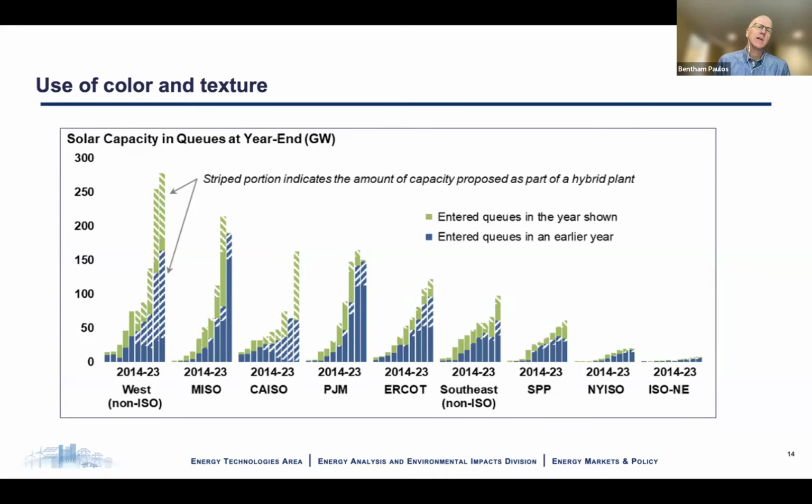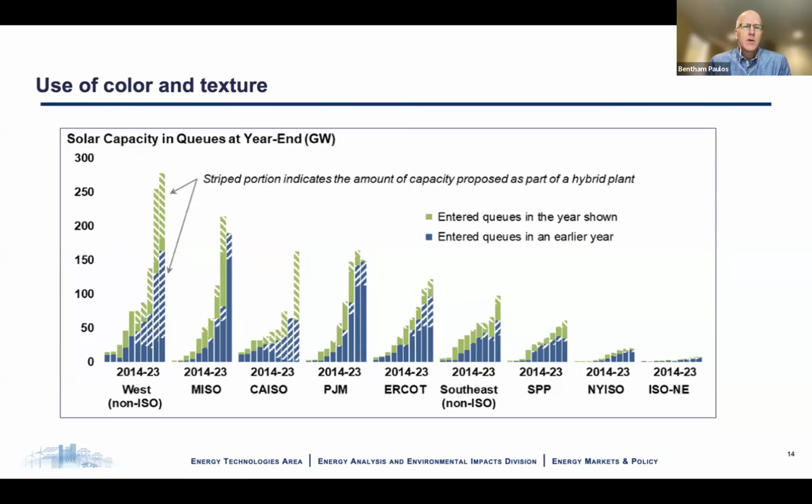The hashed color bars here, the striped portion, they call it, indicates the capacity that's in a hybrid power plant of generation and storage. So the story is that that hybrid capacity is dominating, especially in the West and in CAISO in California.